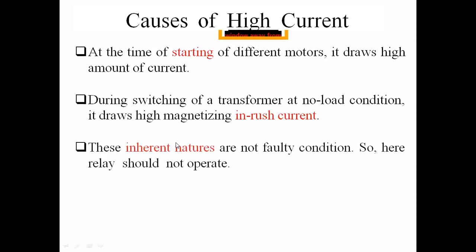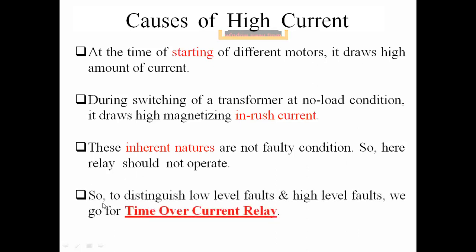For these cases, you need not operate the relays. These are inherent nature, so here the relay should not operate. Therefore, we go for time delay operation. To distinguish the low level fault and high level fault, you can use a time over current relay.